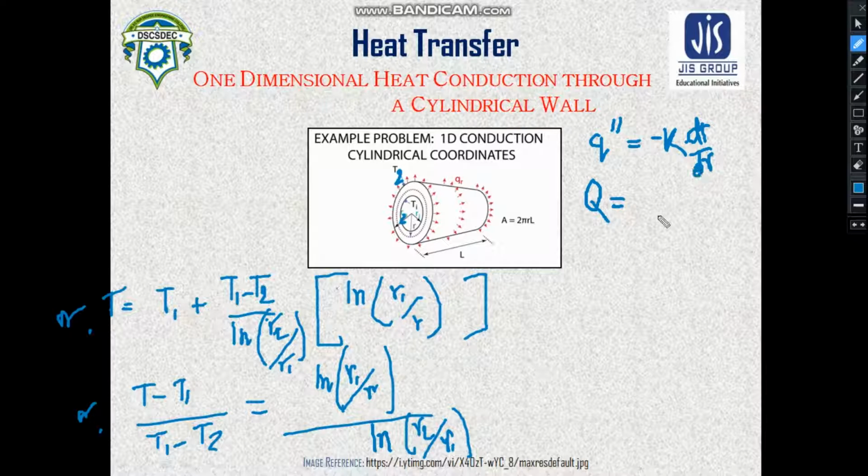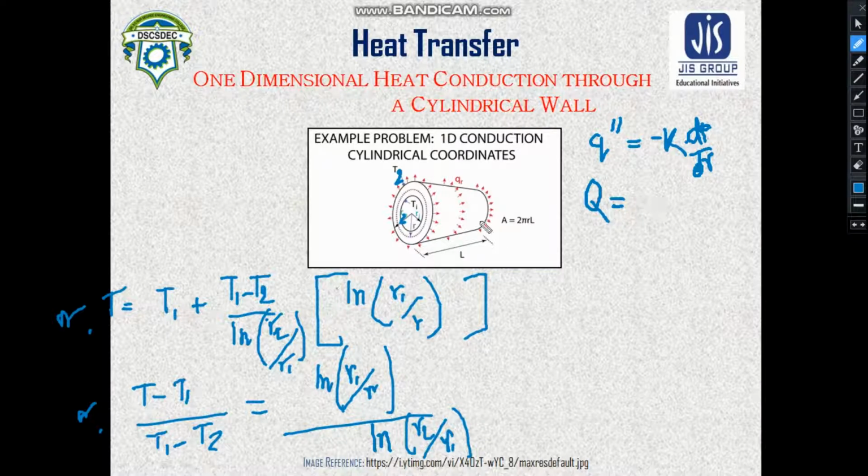Remember that we have done a similar thing in the cases of rectangular slabs or plane walls, where we took the temperature gradient with respect to the thickness of the plane wall. Here we are taking the temperature gradient with respect to the radius.